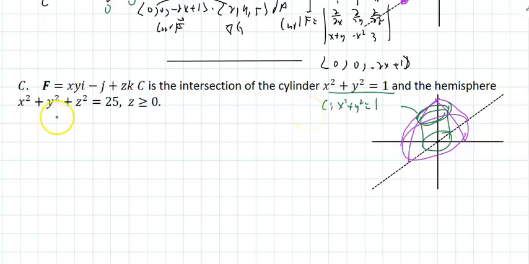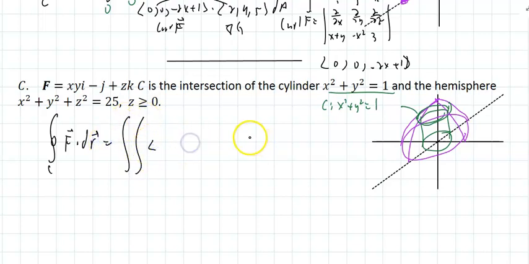And that would mean I will take the line integral of f dot dr and I'll get the double integral over what? The curl of f. y, negative 1, and a z.